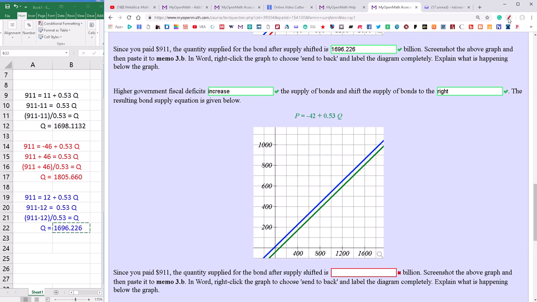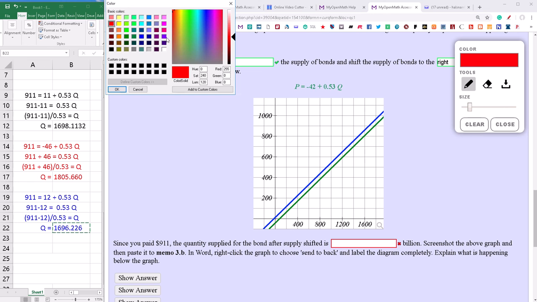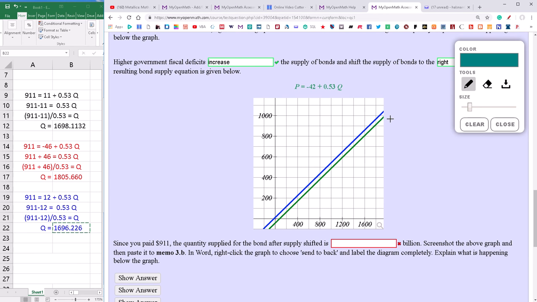So let's label this diagram. Choose green. This is supply, not today, but in 3 periods, right? And we're still holding the price constant at 911, so just above the line, and we go straight down.